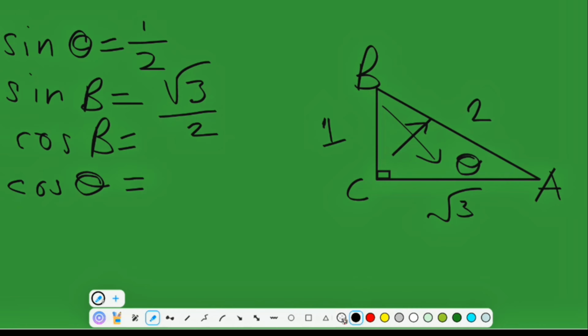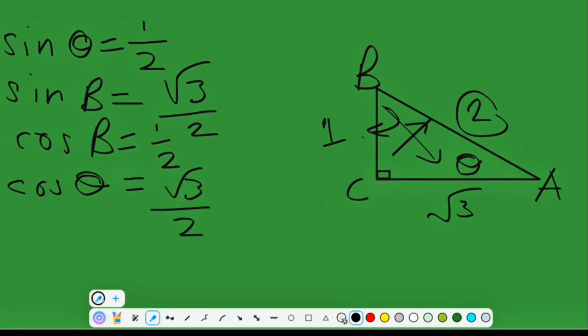That's for sine B. Cos B is going to be 1 over 2. Why? Because B is adjacent to this side, and it's an adjacent side over the hypotenuse side, which is still 1 over 2. Cos theta gives us square root of 3 over 2.